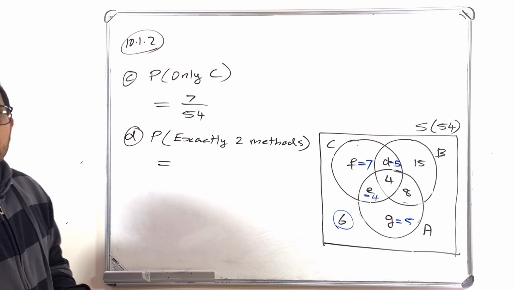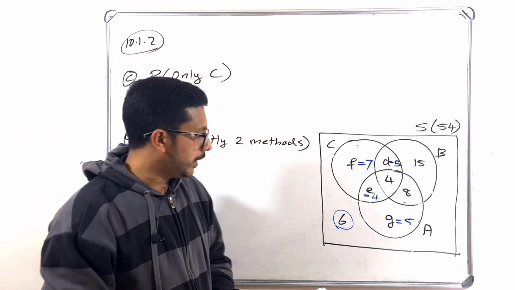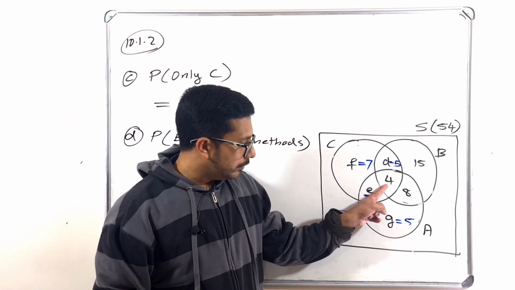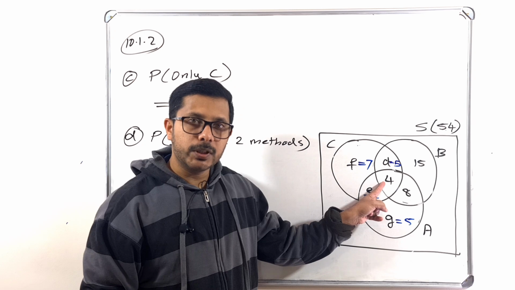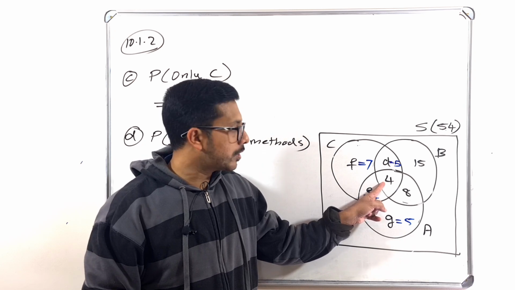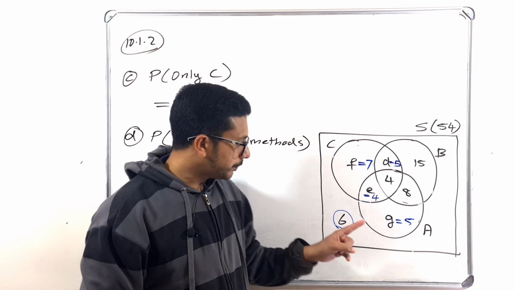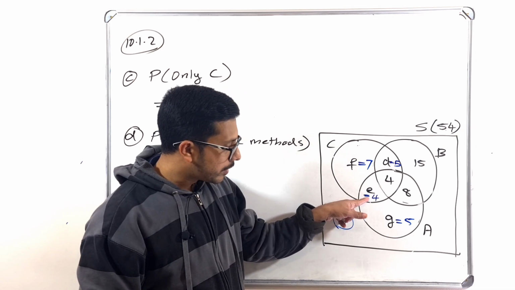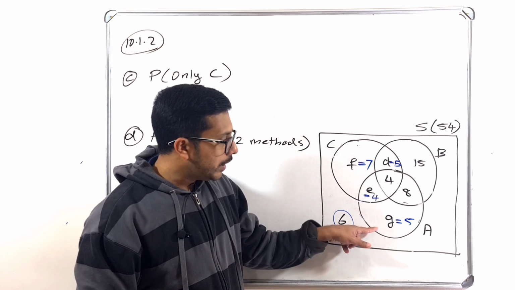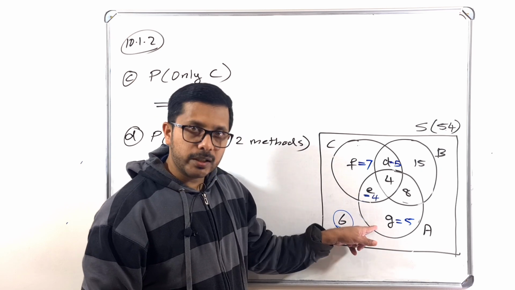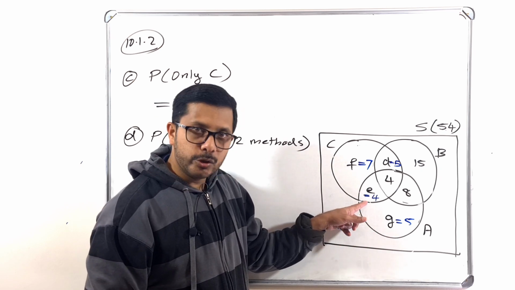So how many countries are using exactly two methods? These 4 countries are using how many methods? 3 methods, because that is common for A, B and C. Am I right? Okay, but these 4 countries, they are using only A and C. So it is exactly 2.